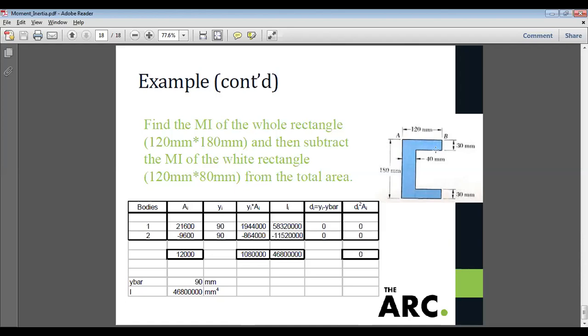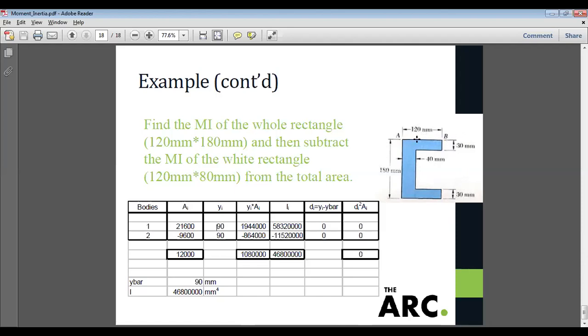And this is 180, 180 minus 30 minus 30, so 180 minus 60, that is 120. 80 mm is the lateral distance and 120 mm is the height of this block that has been removed from the whole rectangle.